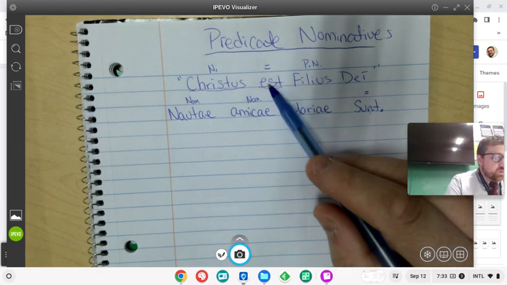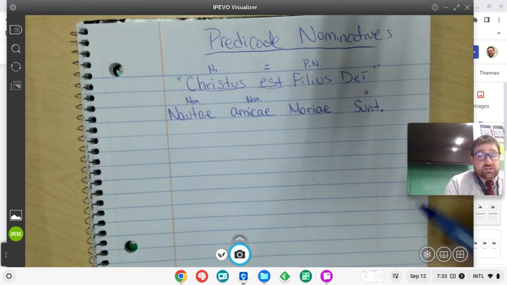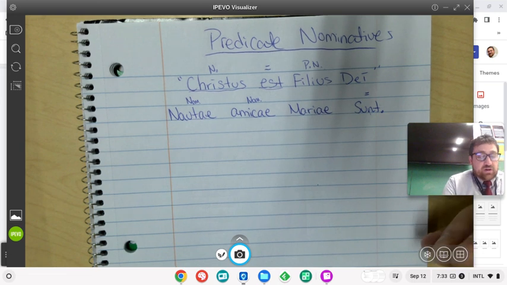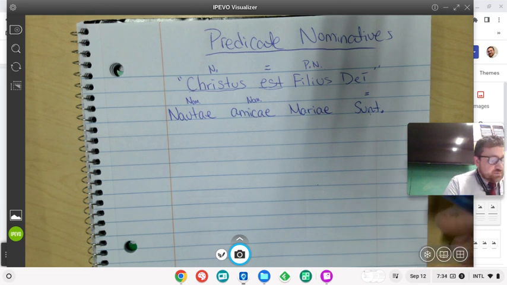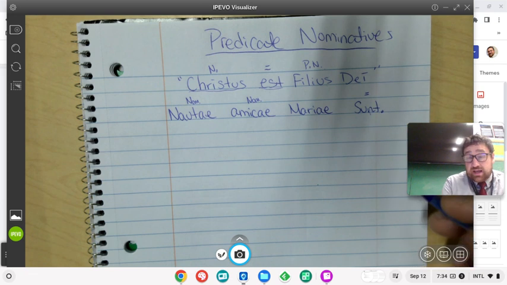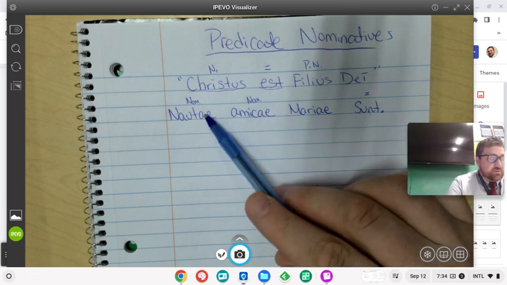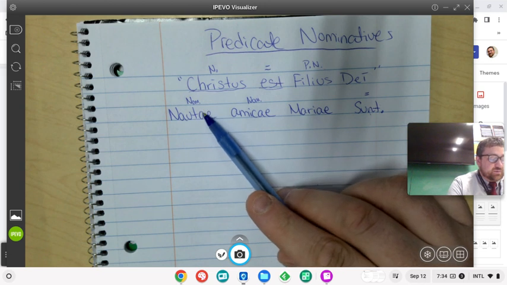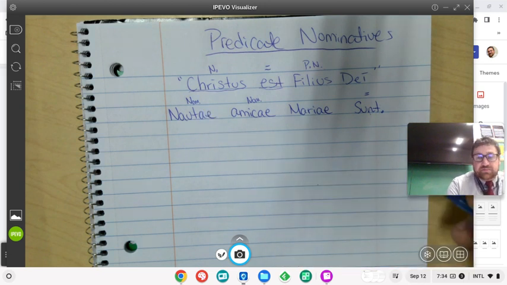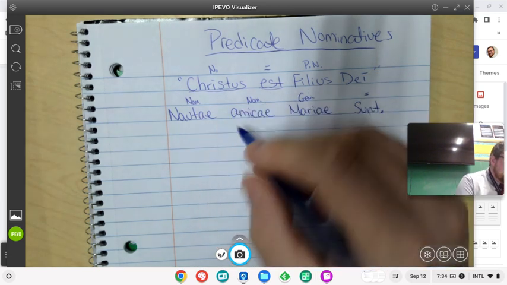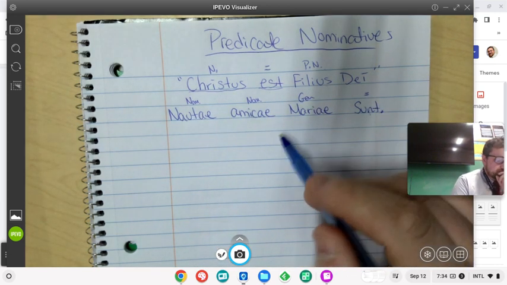And so when we see this est or this sunt or really other verbs that belong to the verb to be, we're going to consider those equal signs, and we're going to keep them both in the nominative. All right, and this is a genitive. This means the sailors are the friends of Mary.